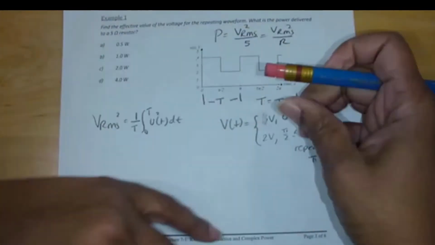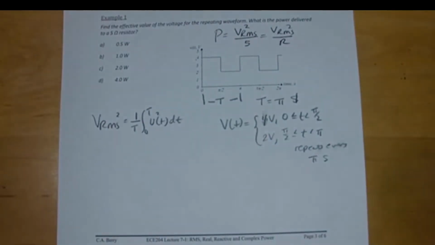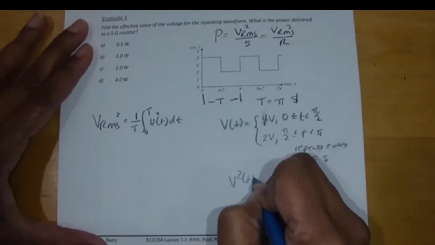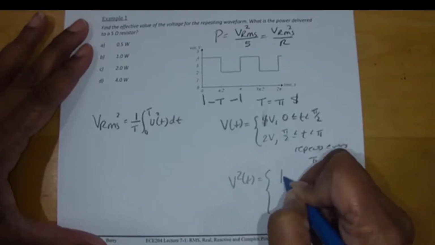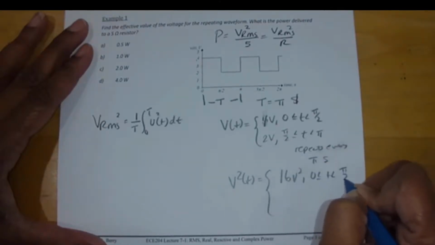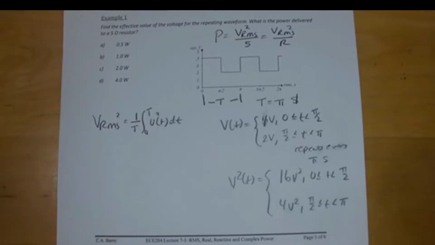Oops, sorry, that's a 4. Thank you, Alfred. That should be a 4, sorry. 4 volts between 0 and pi over 2, and 2 volts between pi over 2 and pi. So V squared of t is 16 volts squared between 0 and pi over 2, and 4 volts squared between pi over 2 and pi.